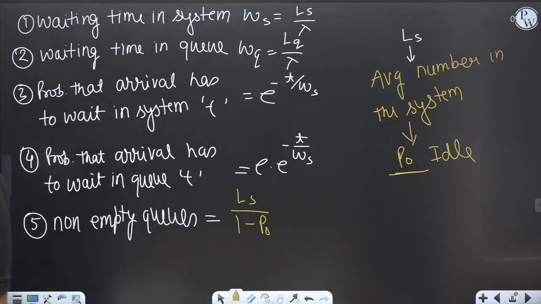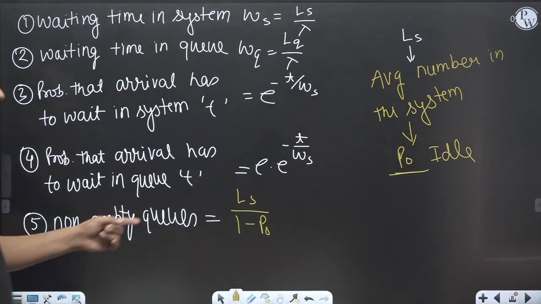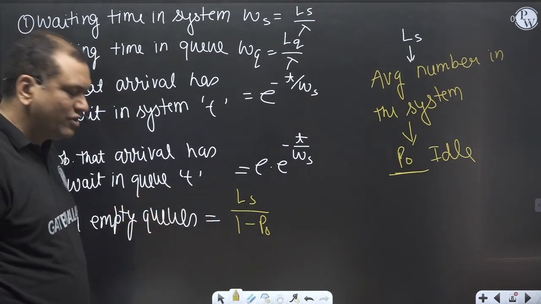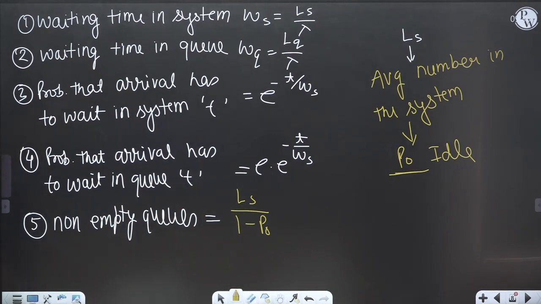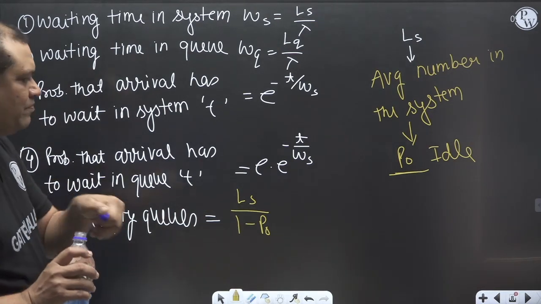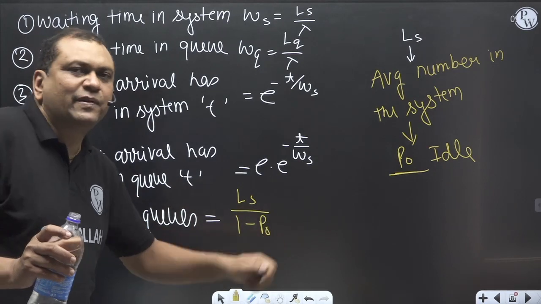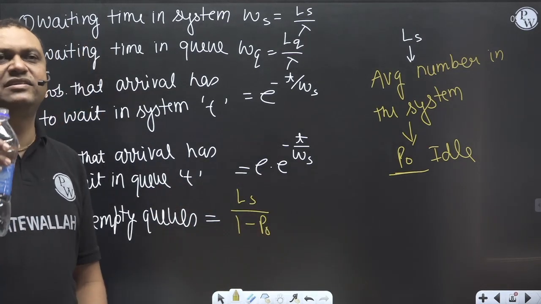So please remember that if the average length of non-empty queues is asked, you have to divide Ls by 1 minus P naught. P naught is the probability that there is nobody in the system, and 1 minus P naught is the probability that at least there is somebody in the system.